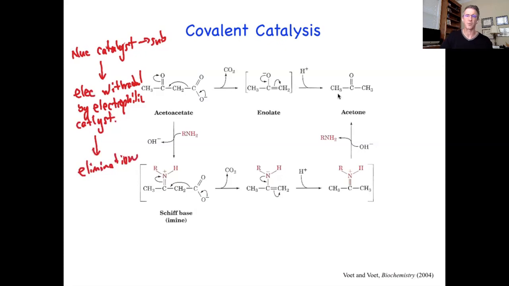And so that's this three-step tango that describes most covalent catalysis.